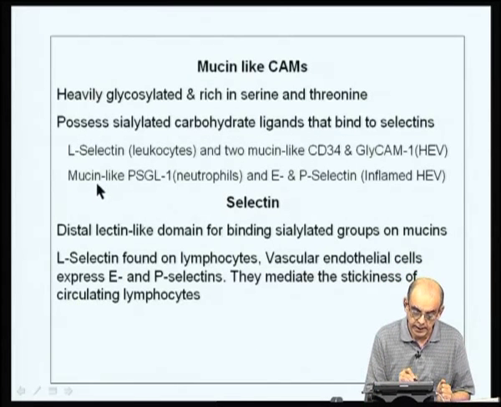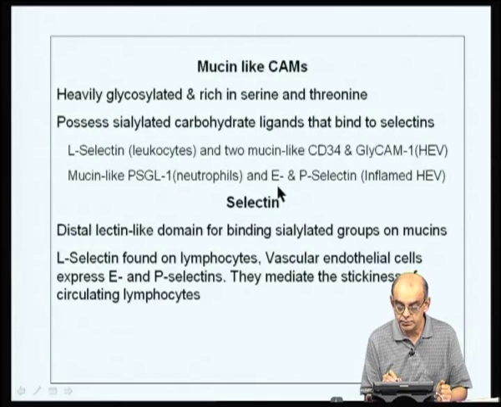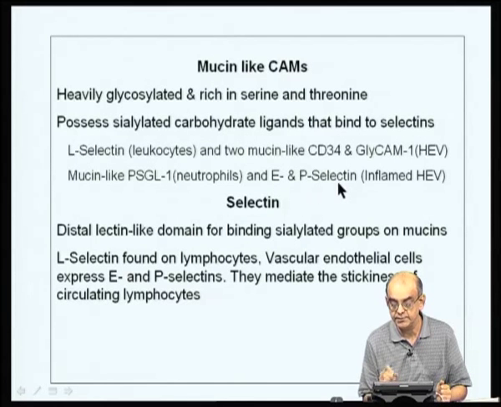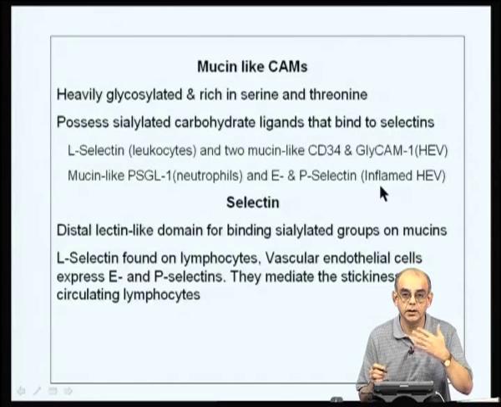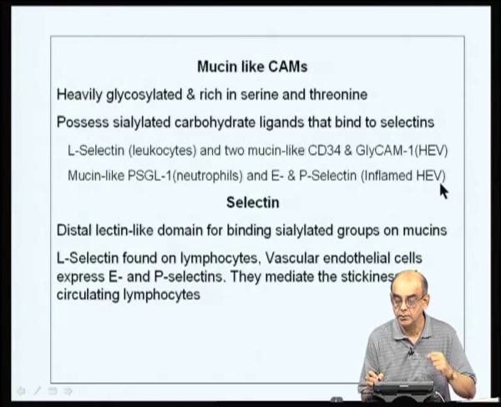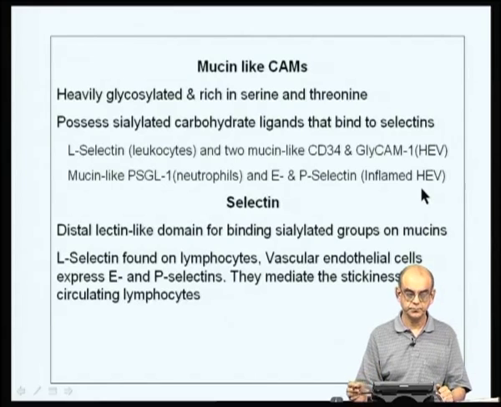So, you find another example like the mucin like PSGL1 molecule, which is expressed on the surface of neutrophils, binds to either E type or P type selectin, which is present in the locations where inflammation is occurring, and those HEVs which are located in the inflamed location.